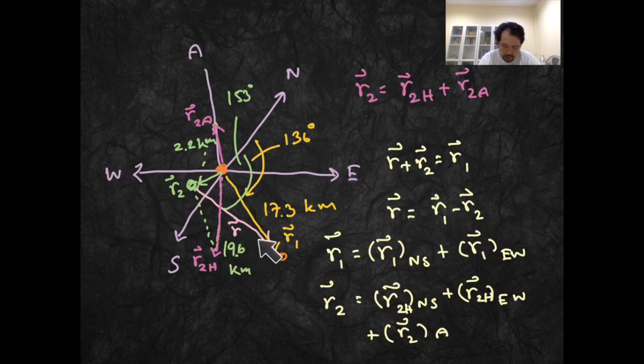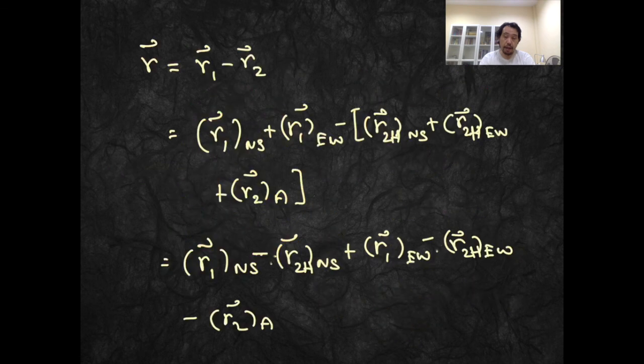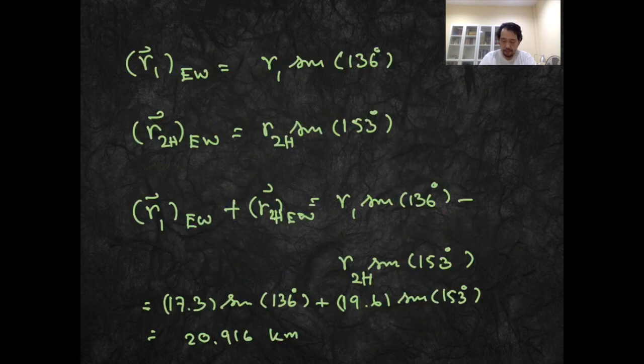So the result vector pointing from the plane to the ship must point along the positive north direction. So that is reasonable. Okay.